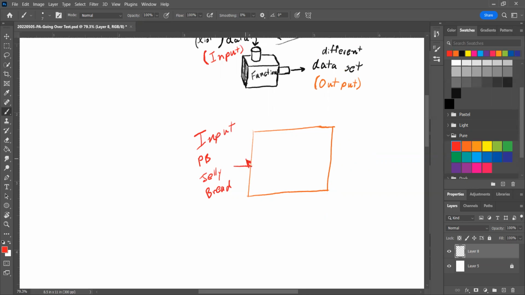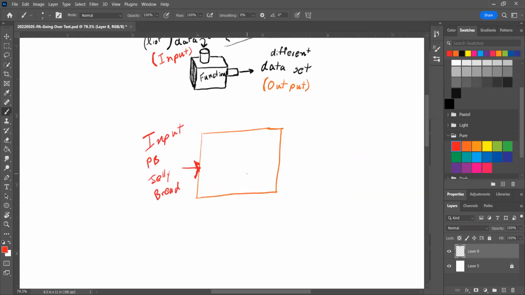And then we put it in this function machine, and the output could be PB&J sandwiches.